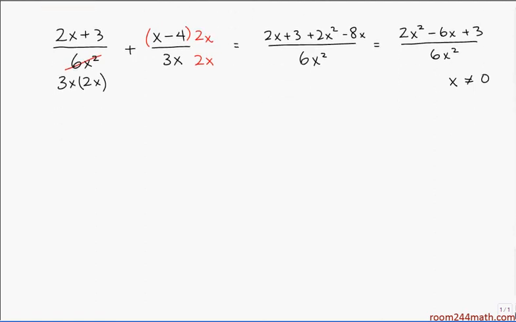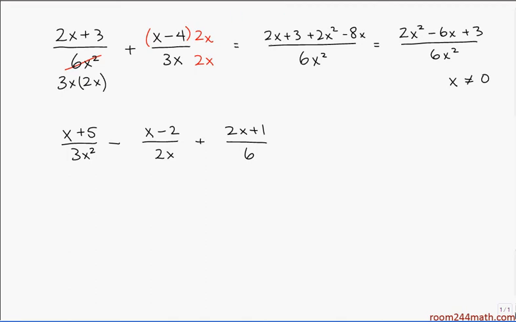All right, let's go on to a little more interesting example that involves 3 fractions. So what if we have x plus 5 over 3x squared minus x minus 2 over 2x plus 2x plus 1 over 6.